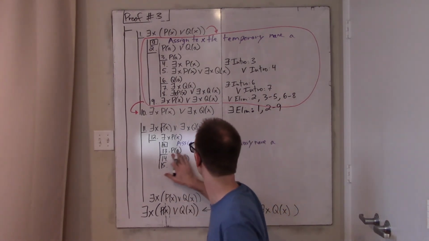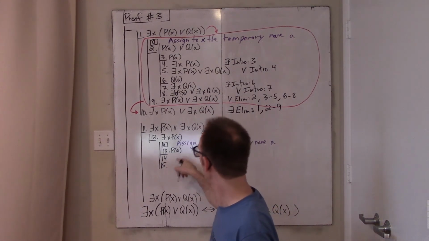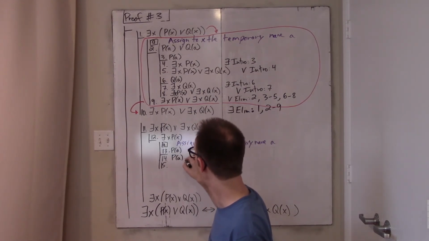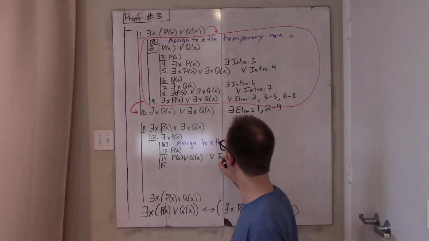Yeah, I did mess up. Back up a line, sorry, got distracted. If A has property P, then I'm going to now say that A has property P or A has property Q. So I want to do an or intro 13.